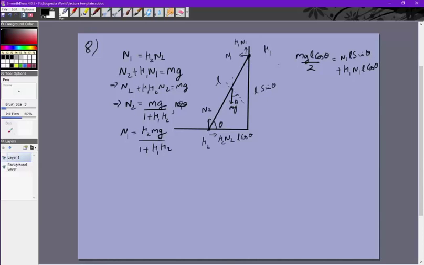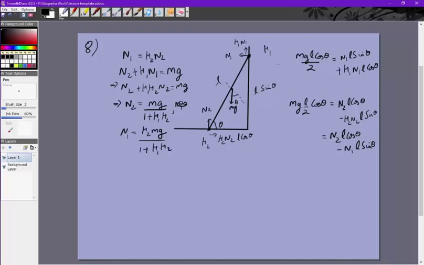Similarly, the equation about this point will be, for mg it will be mg L by 2 cos theta is equal to, now mg has a torque in the anti-clockwise direction with regards to this point, and N2 has one in the clockwise direction, but mu2 N2 is in the anti-clockwise direction, so that will have a negative sign. So this is equal to N2 L cos theta minus mu2 N2 L sin theta, and mu2 N2 we can directly write as N1.